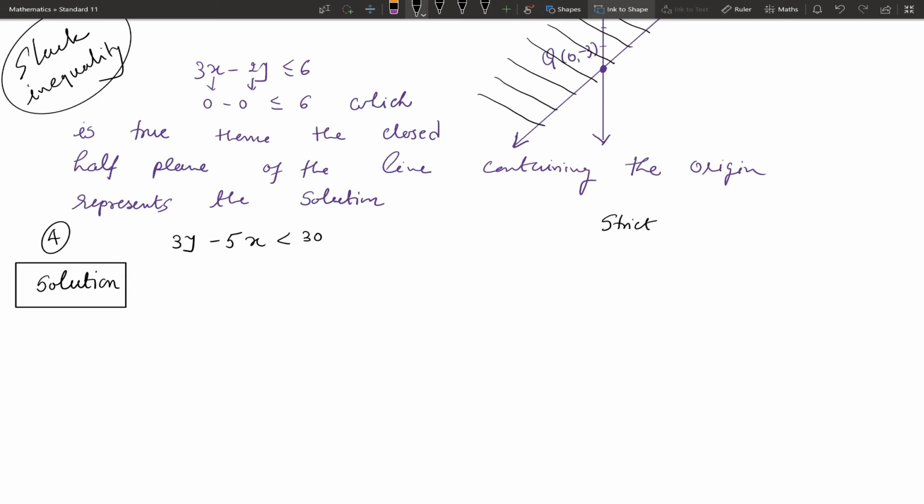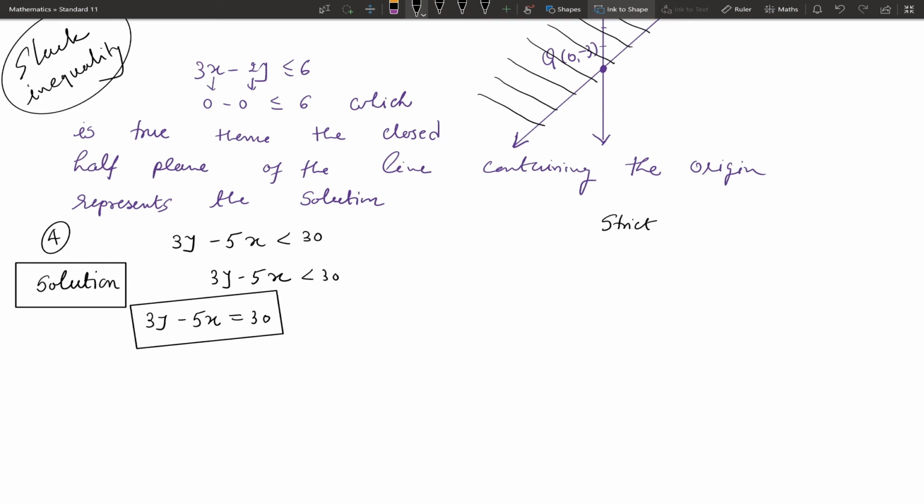Now 3y minus 5x less than 30, we take equality: 3y minus 5x equal to 30.